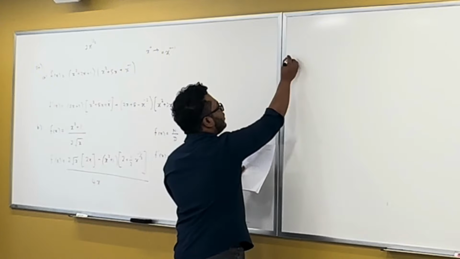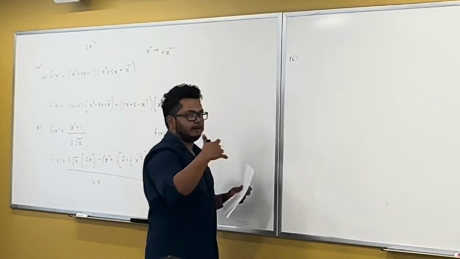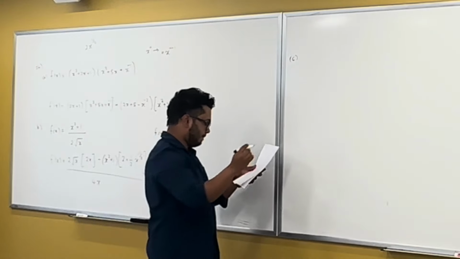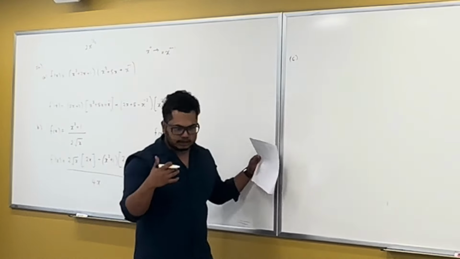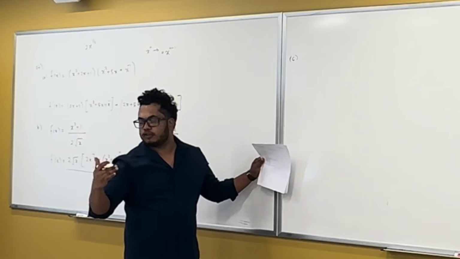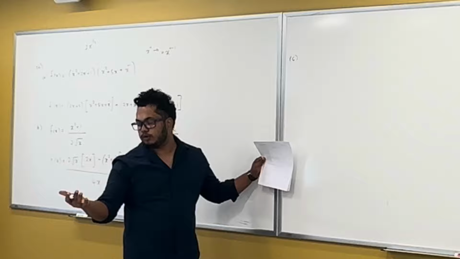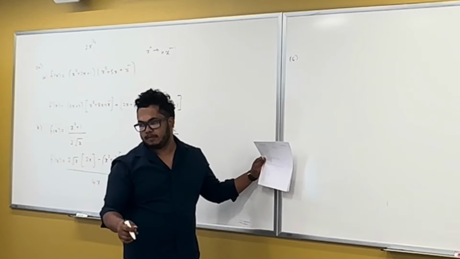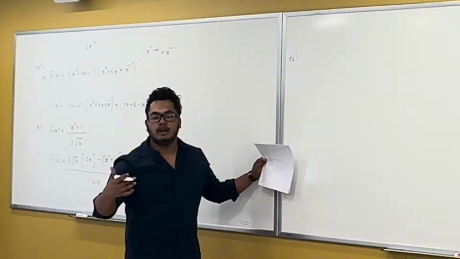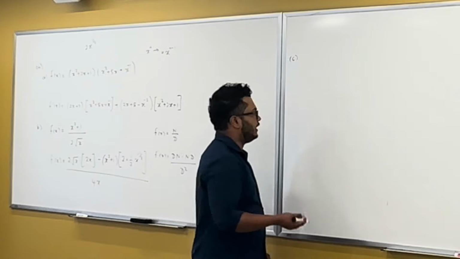But you must at least know the derivatives of the basic 6 trig functions. Of course, if you need tan, you can use tan is sine over cosine, so you can use the quotient rule to get the derivative of tan. If you know the derivative of sine and cosine, you can get anything, okay?